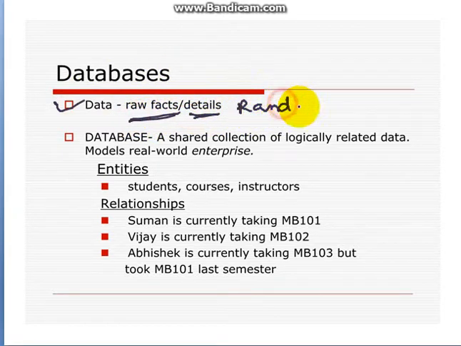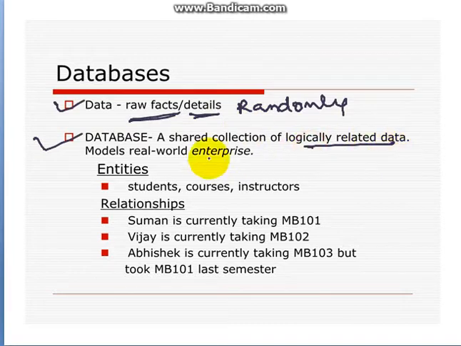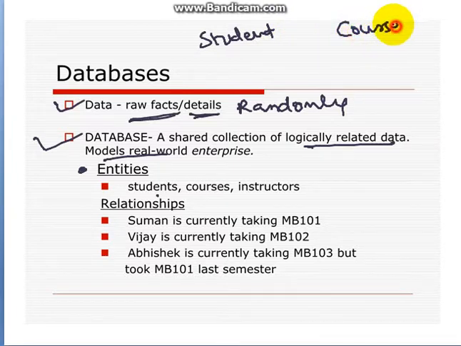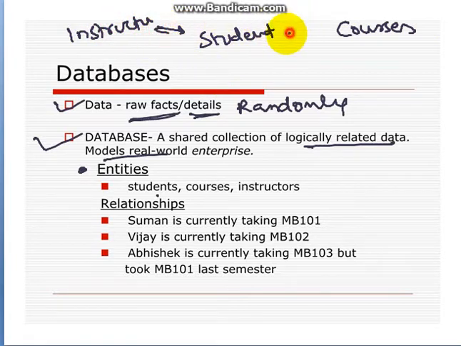where randomly the data is being collected by each and every department, and it is being fed into the computer, and the database is actually logically related data. So it consists of entities, like student is an entity, for example, and courses is another entity, your instructor is another entity. These entities are related to one another with the help of keys.